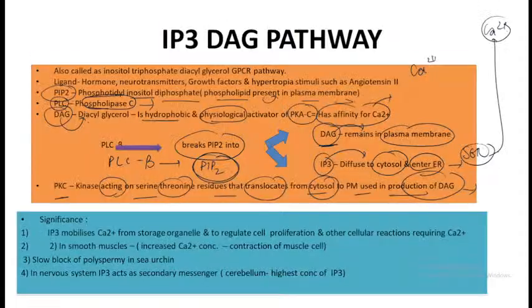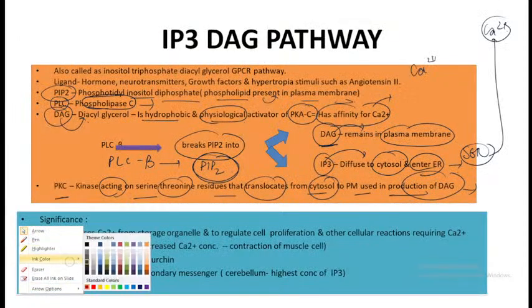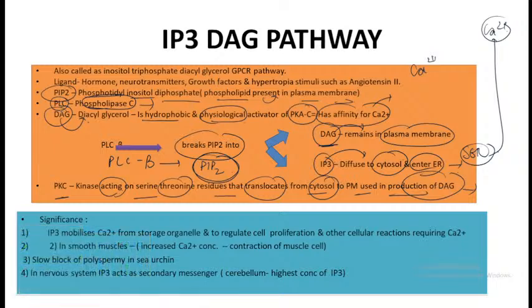It is written over here, see. DAG is hydrophobic in nature, so it would remain attached to the plasma membrane. And IP3, because it needs to move into the cytoplasm, is hydrophilic in nature, so that it could reach that particular position and start the work.